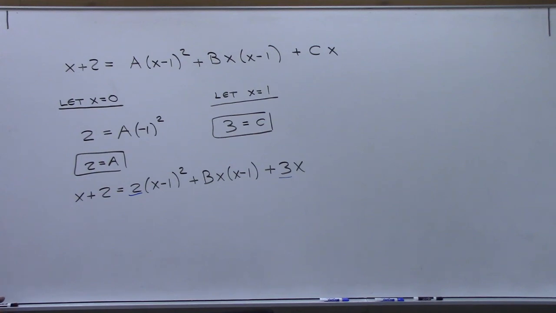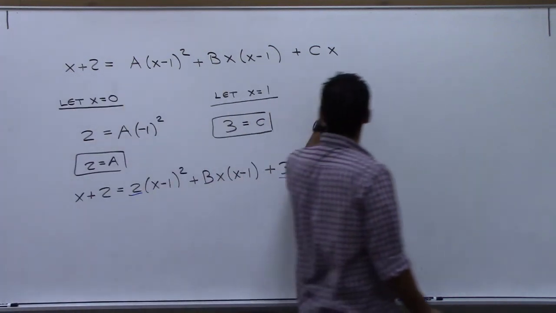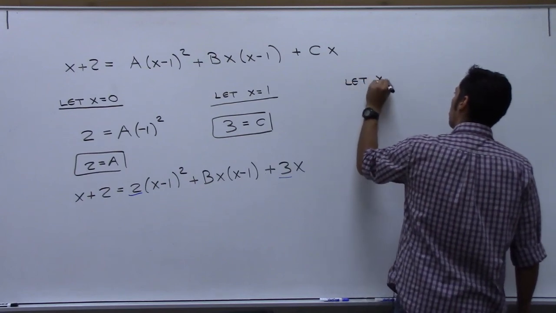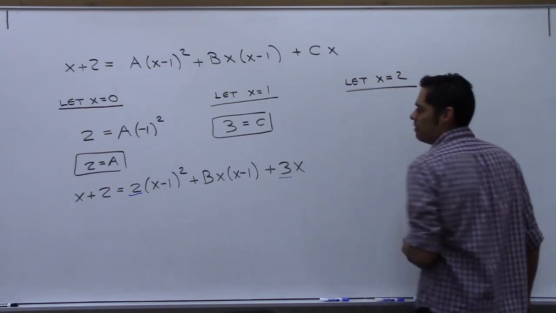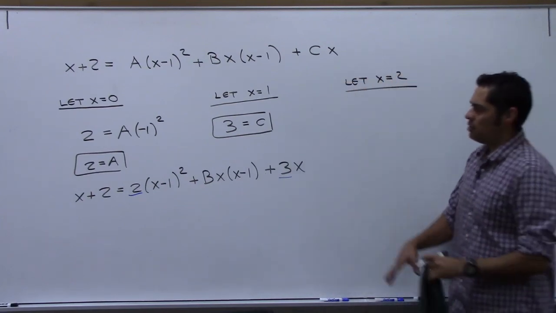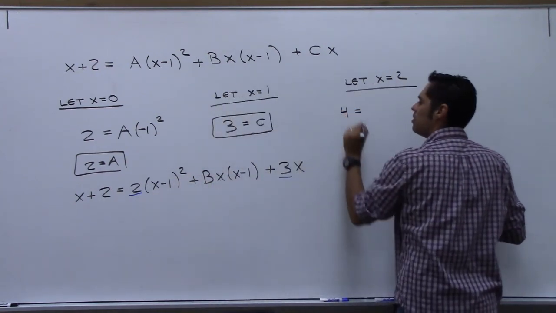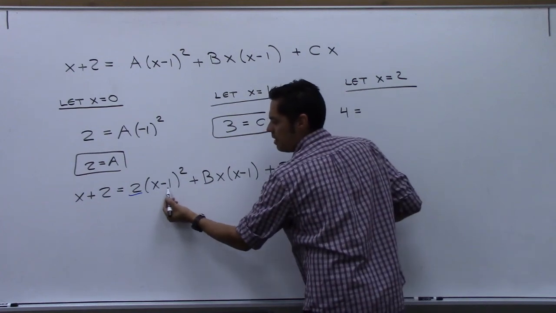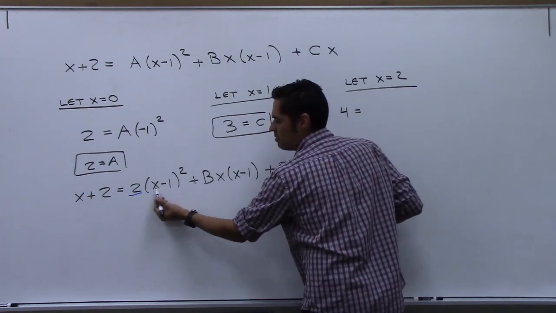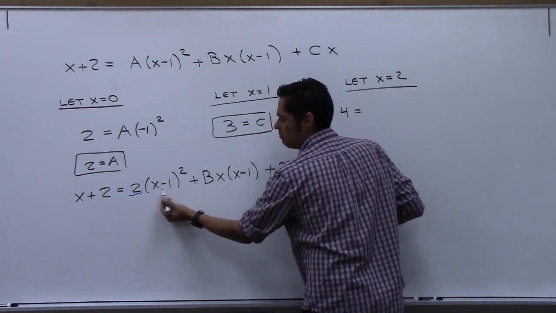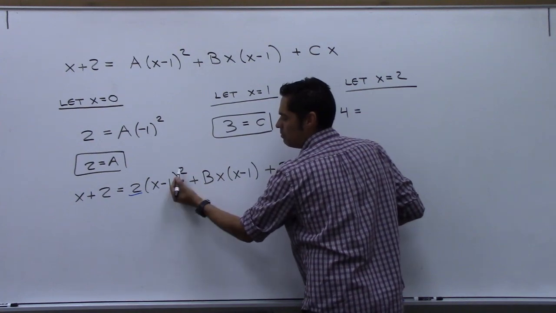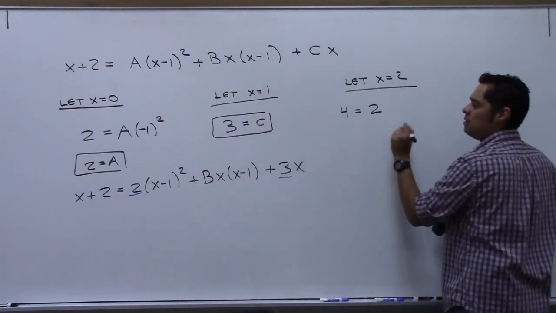So x is 2. Let x be 2. If x is 2, what do we get here? 4 equals 2 minus 1, that's 1, square it, 1 times 2, so we get 2 there.